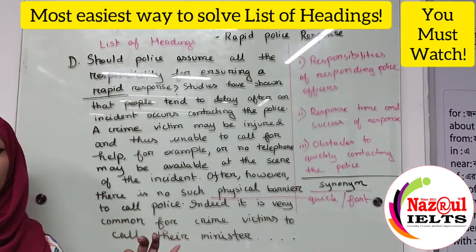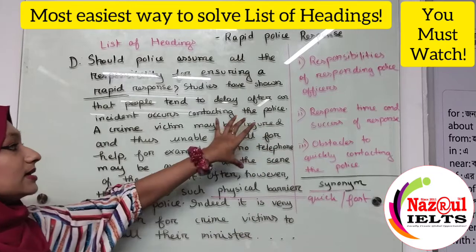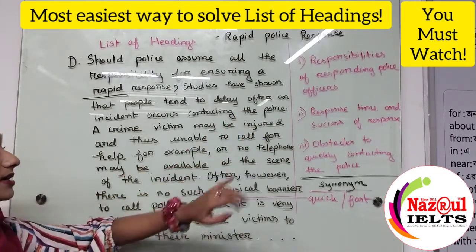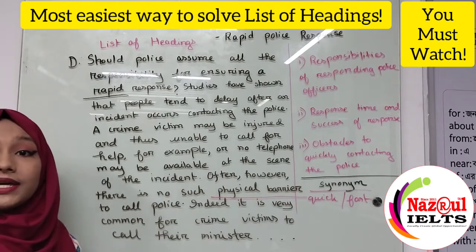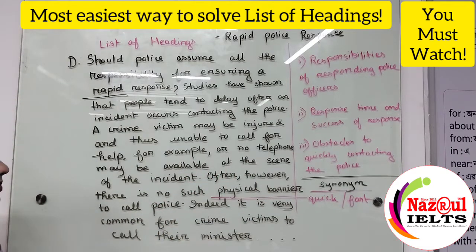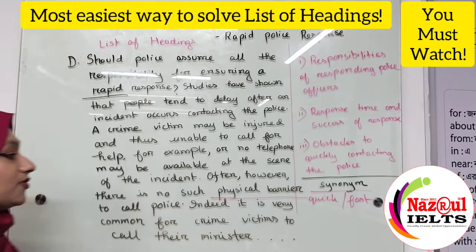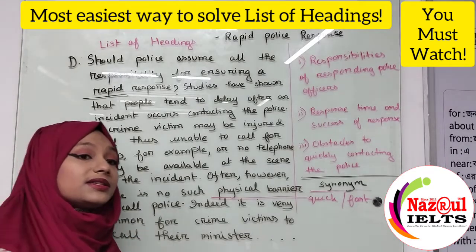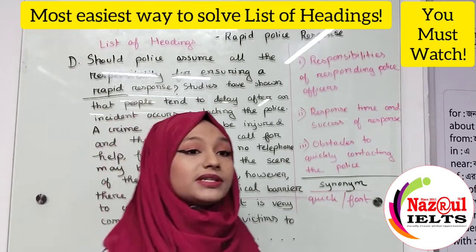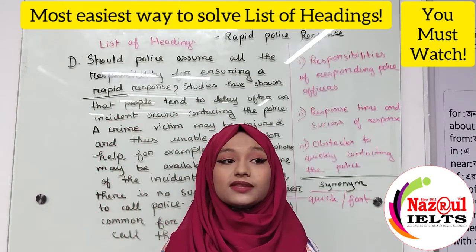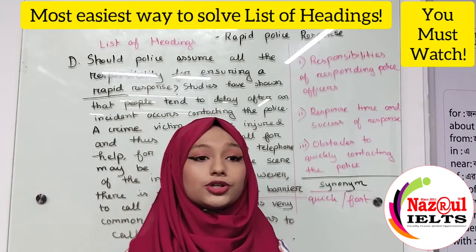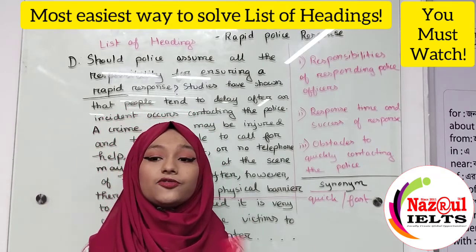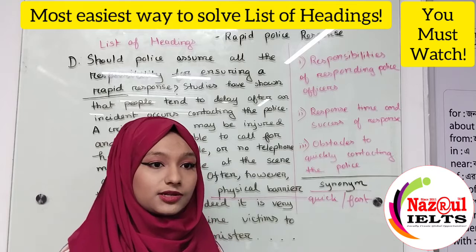They're talking about barriers that can appear, like they can be injured, or there might not be any communication system near them. But there is no such physical barrier, because in most cases what stands as a barrier is that crime victims do not call the police instantly. Rather, they call their family members or the ministers.